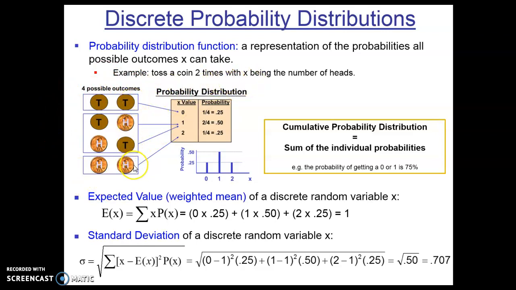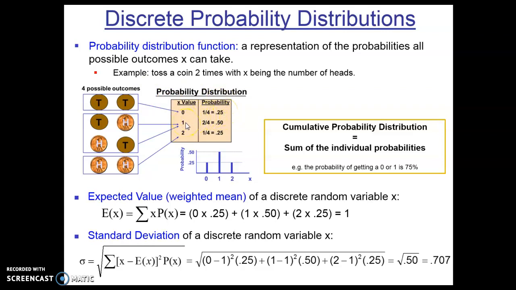From this, we can start to establish the probabilities based on the discrete values. Well, the probability of 0 heads would be, let's see, there's only one event within this sample space that has 0 heads. Okay? So it's 1 event out of 4, so that's 25% probability.